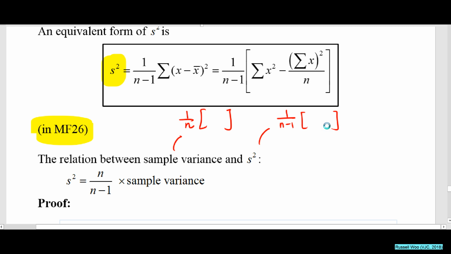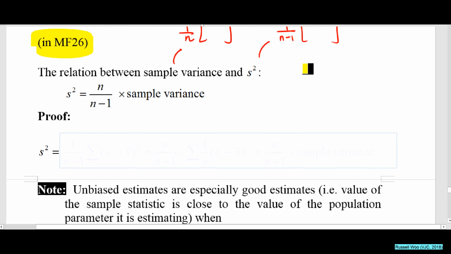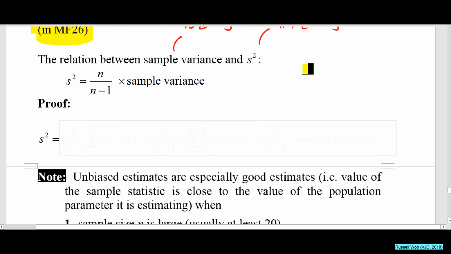The thing inside the bracket is the same, whether it's S square or sample variance. Then I think it's not difficult to prove the relationship between S square and sample variance.